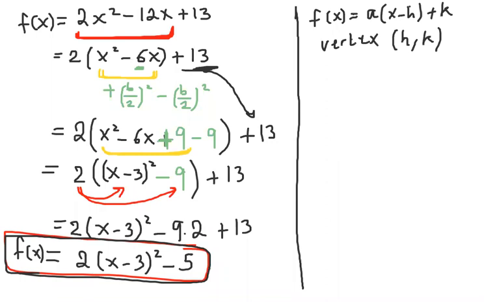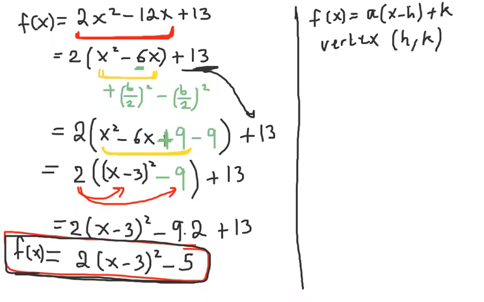So going back to my standard form, f of x equals 2 times (x minus 3) squared, minus 5. The 3 is h, and the minus 5 is k.